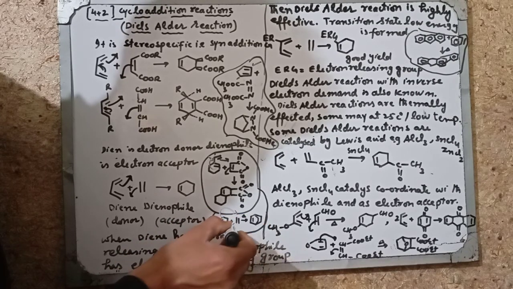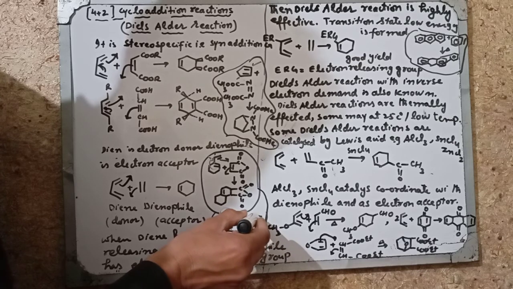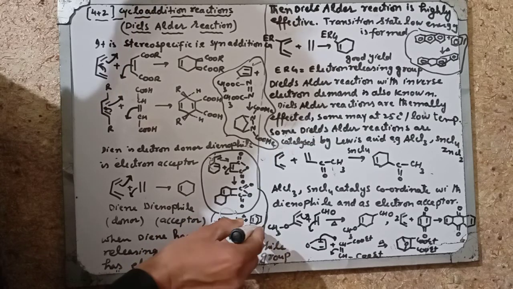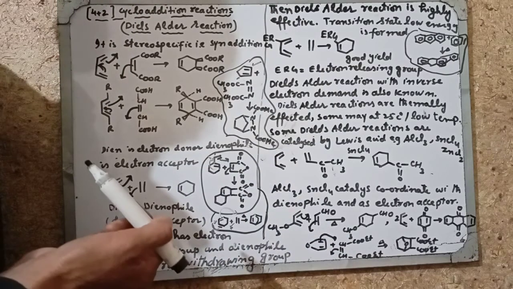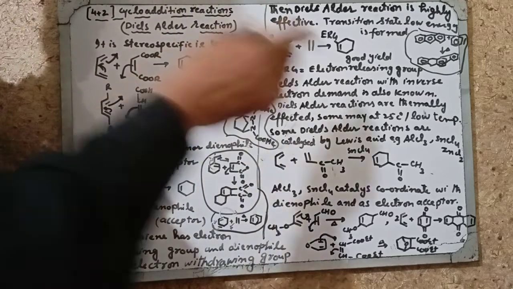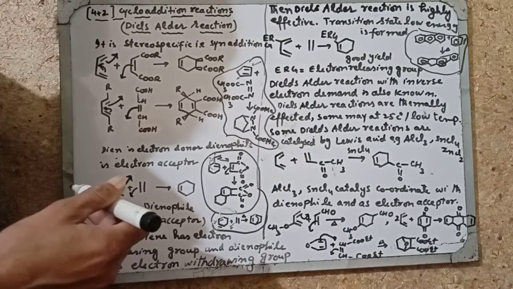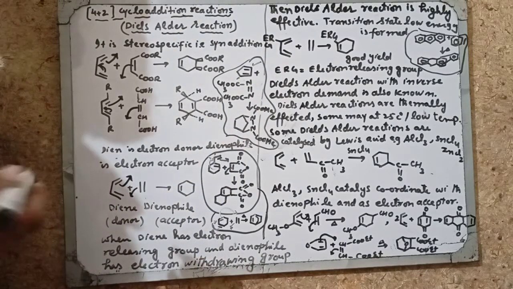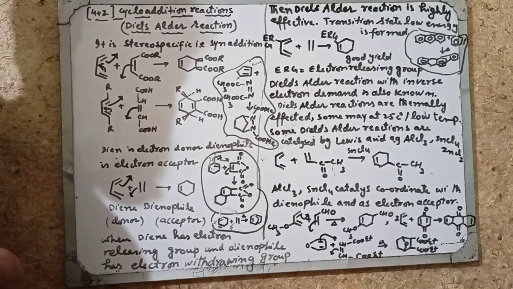This is the ethene molecule. The dienophile will add on this and this carbon, and a ring is formed. Many other examples can be given. These are all examples of 4 plus 2 cycloaddition reactions. Thank you. Allah Hafiz.